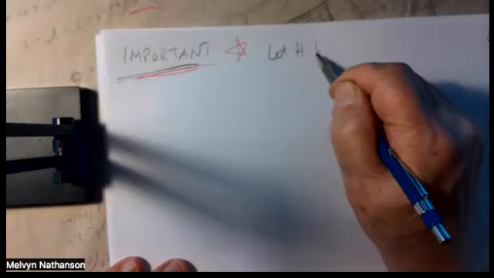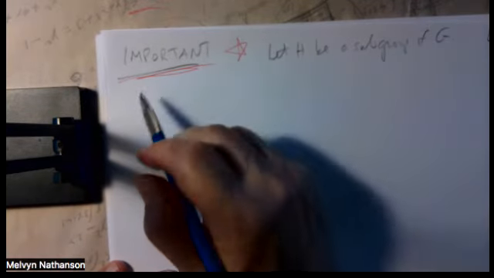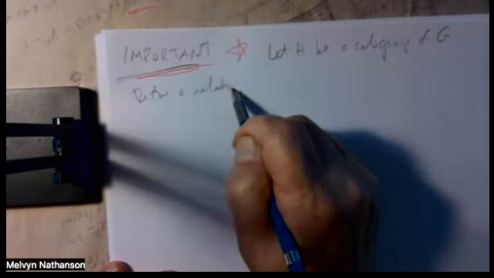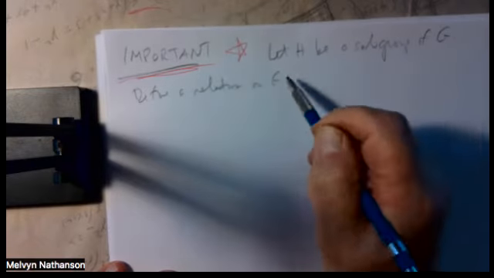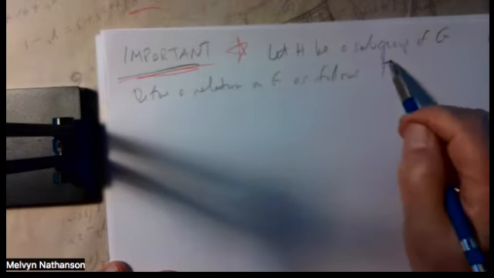Let H be a subgroup of the group G. We define a relation on G as follows.